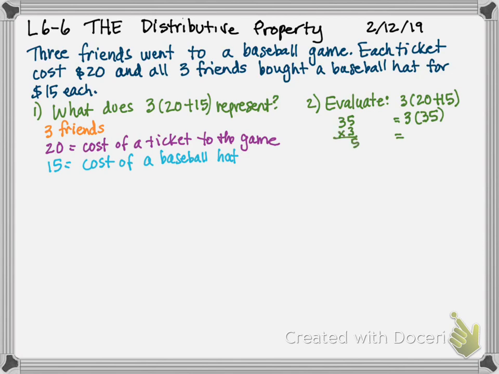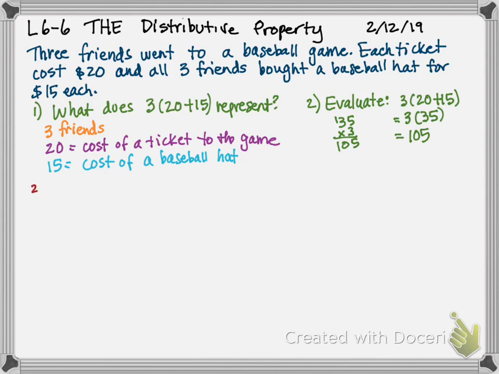We get 15, 9, and 1 is 10. So what we get is 105. So basically, what we have is $105 for those 3 friends to get into the game and then to also buy a baseball hat.